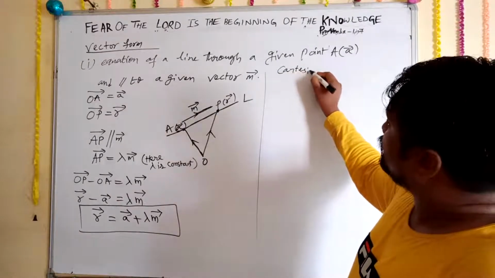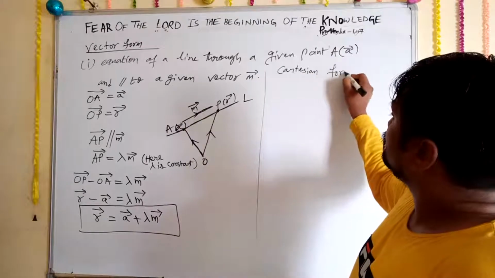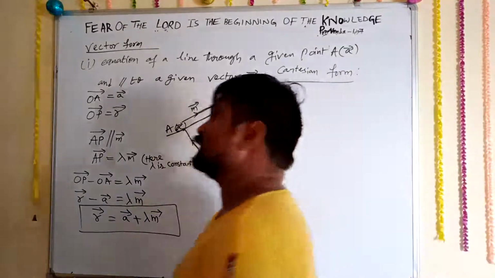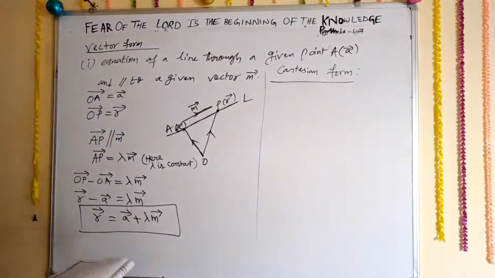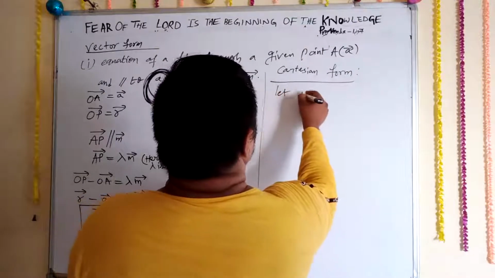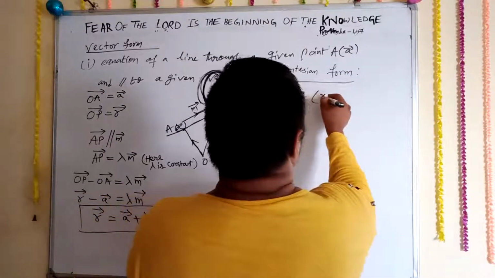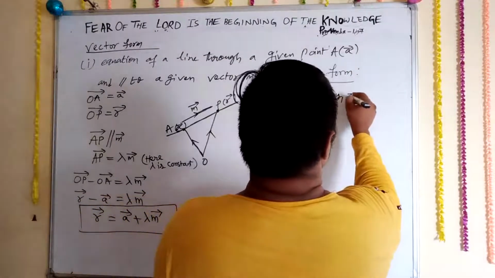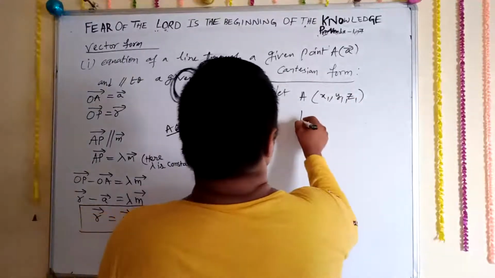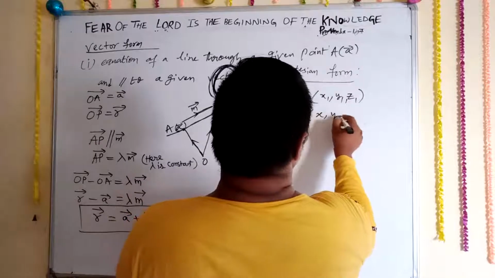So Cartesian form. We are going to discuss now about Cartesian form. Before going to discuss this, first the points also we need. Point A is equal to x1, y1, z1, and point P I think as x, y, z.